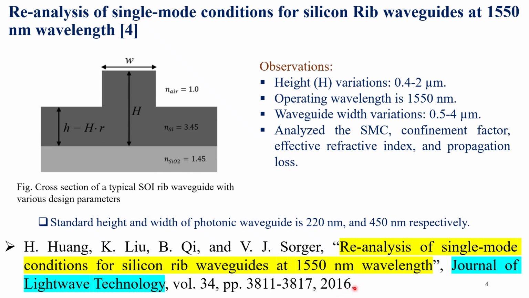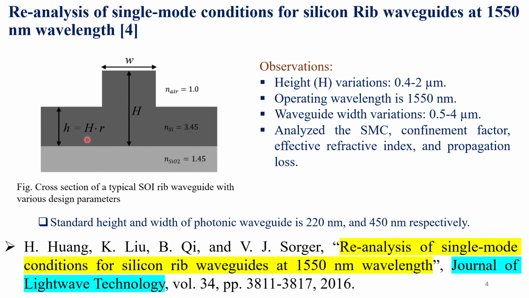So you can find the articles and the different objectives that you want to find out. From this paper, we just wanted to implement this paper, nothing else. I have taken this structure from this paper only, and in this structure you can see this is your substrate layer, that is SiO2.